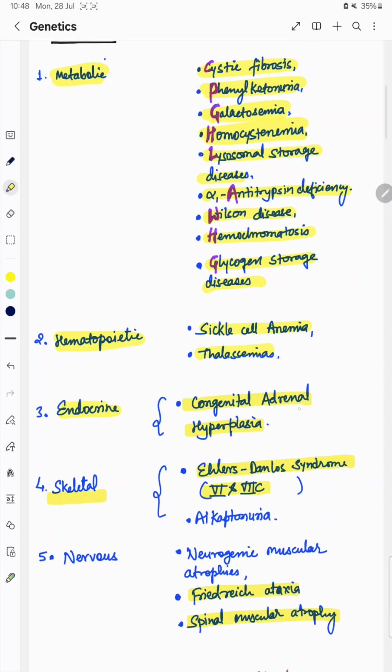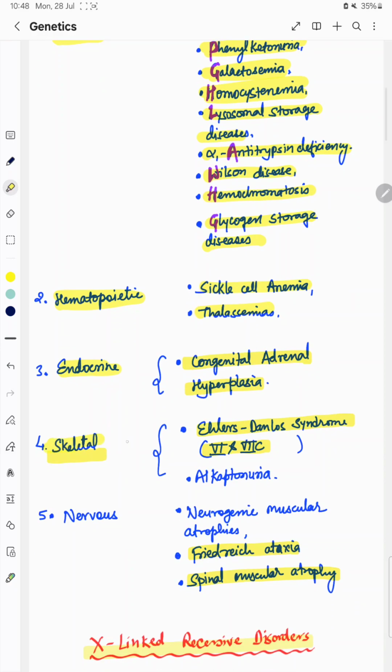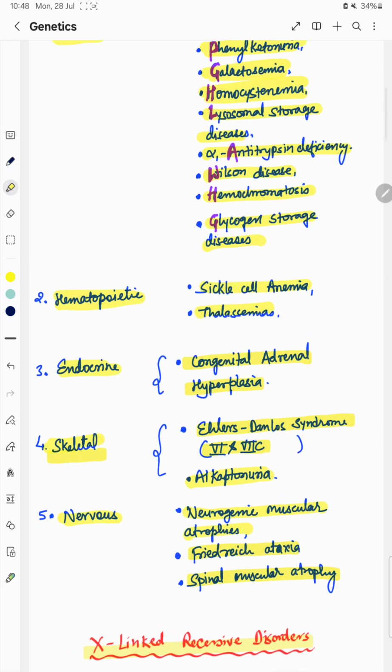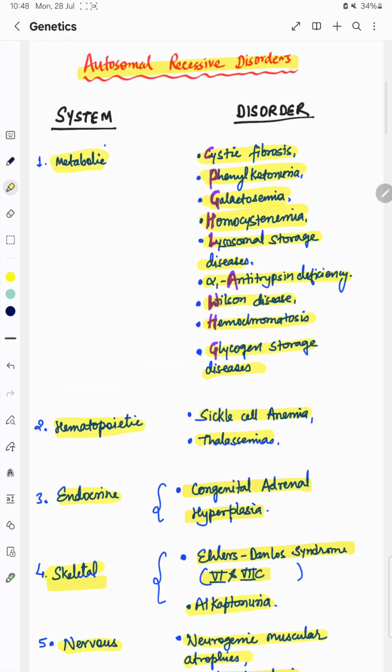In endocrine, congenital adrenal hyperplasia. In the skeletal system, Ehlers-Danlos syndrome types 6 and 7C, and alkaptonuria. In the nervous system we have neurogenic muscular atrophy, Friedreich ataxia, and spinal muscular atrophy. So these are the examples of autosomal recessive disorders, another very important topic for NEET PG MCQs.